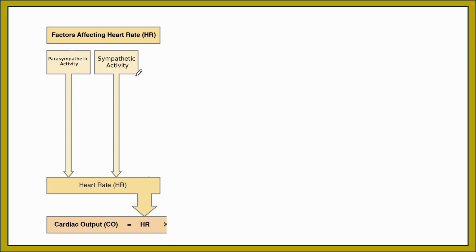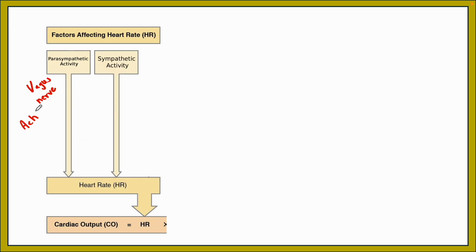All right, so looking at what can affect heart rate, you have parasympathetic activity and sympathetic activity. Parasympathetic activity is generally going to be mediated via the vagus nerve. So the vagus nerve is cranial nerve 10. It is going to release acetylcholine, or ACh.